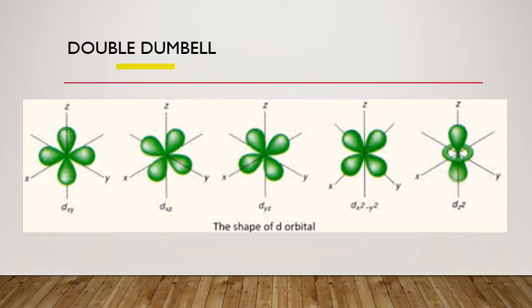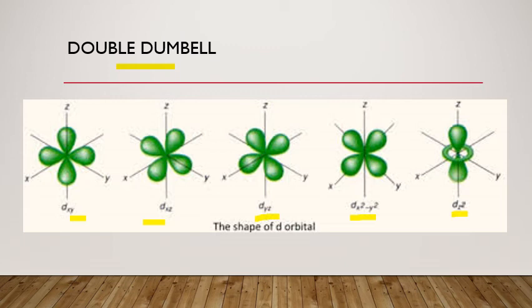The first ones are dxy, dxz and dyz. The fourth one is dx square minus y square, and dz square. The three d orbitals dxy, dxz and dyz are called mid-on axis. So here dxy, you can see the x direction and the y direction.